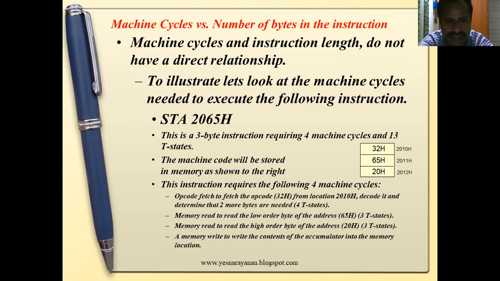Memory read to read the lower order byte of the address, that is 65H. Memory read to read the higher order byte of the address, 20H. A memory write to write the contents of the accumulator into the memory location.